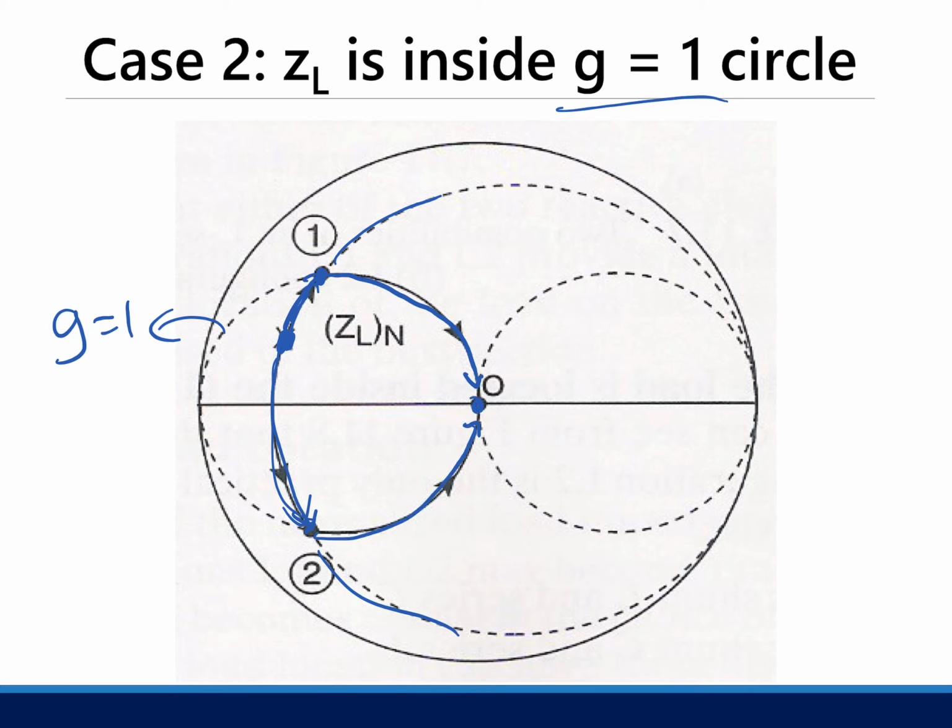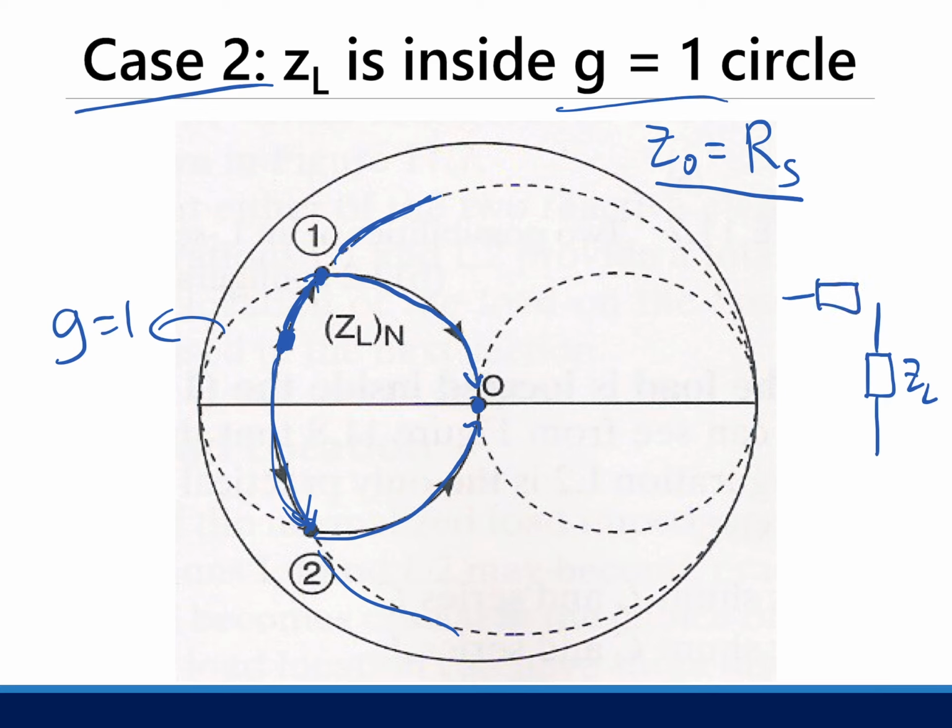Okay, just a note that you assume here Z0 is equal to the source resistance. Okay? So just a note here that Z0 is equal to the source resistance. That's why we want to hit the center. Anyway, so the first step of your second case is you move in a constant resistance circle, and that is achieved when you have a series impedance.